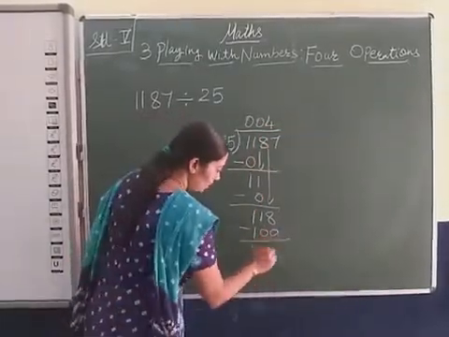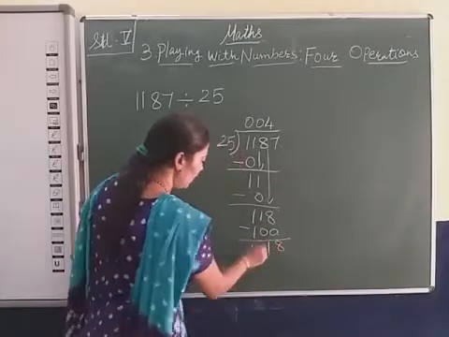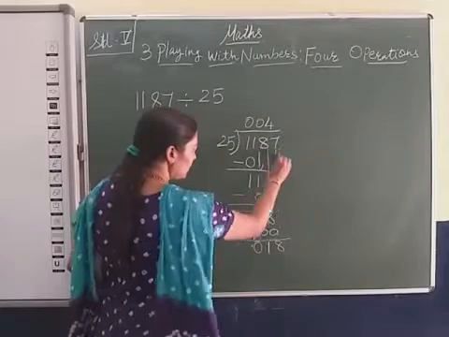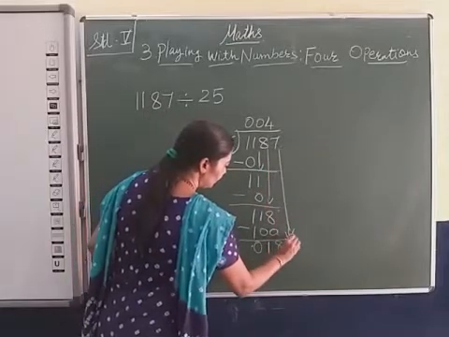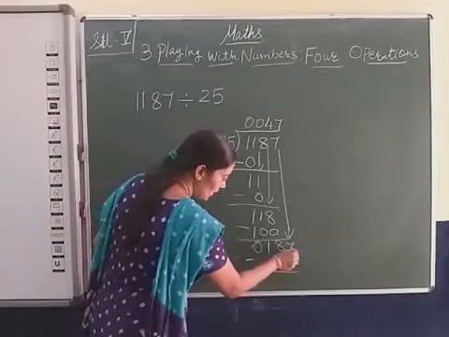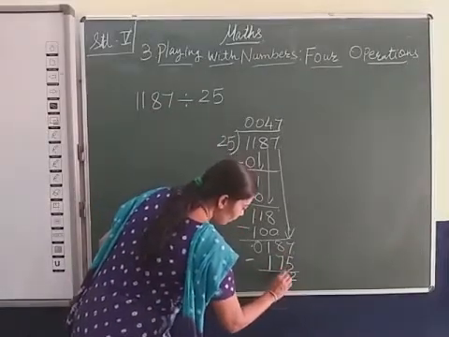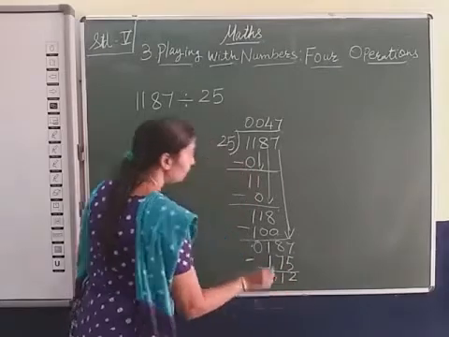Now we subtract 18. Yes. Now we take 7. Yes. So 25. Now we subtract here 7 minus 5, 2. 8 minus 7, 1, 0.